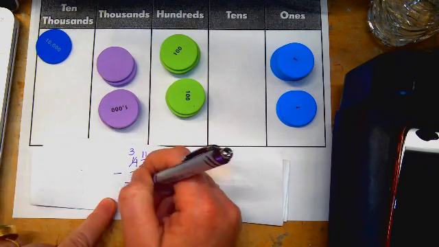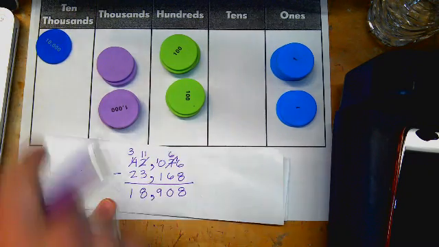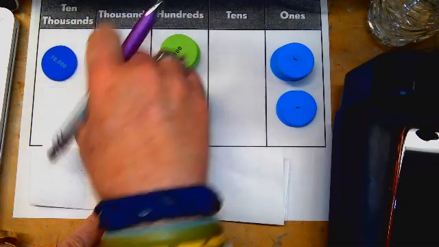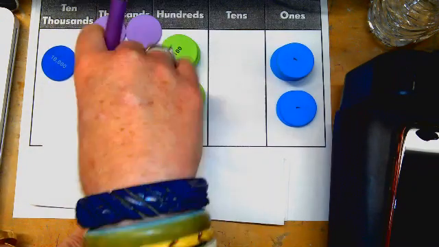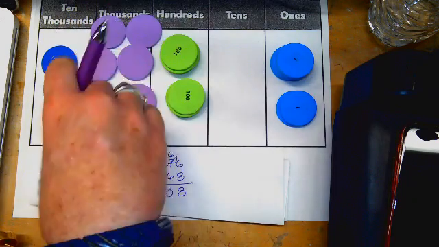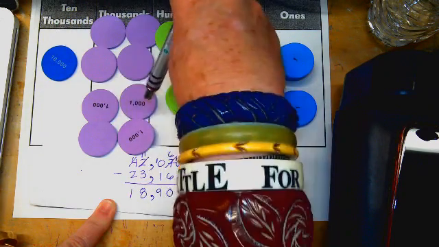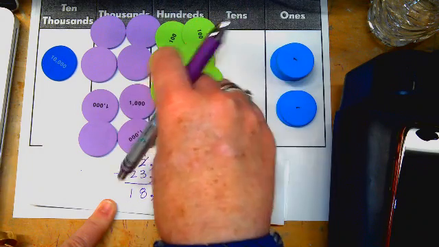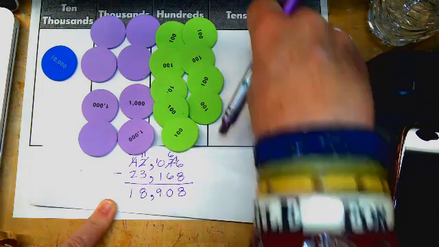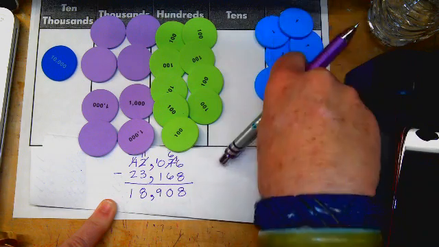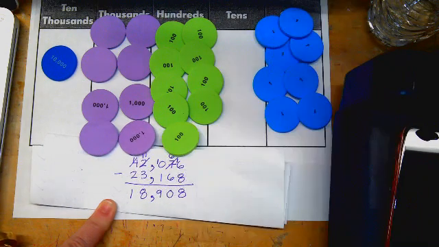There's 8. And now I'm going to take 2 away from this pile in the 10,000s place, and that leaves me with 1. So my answer is, here's the 10,000s. There's 8 here. It's hard to see them. There's 8. I have a lot more of these. 5, 6, 7, 8, 9. And then I have 8 of these.